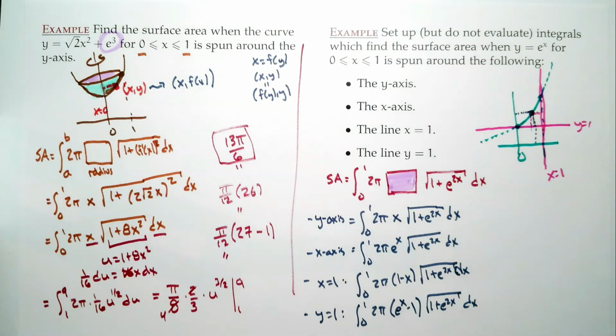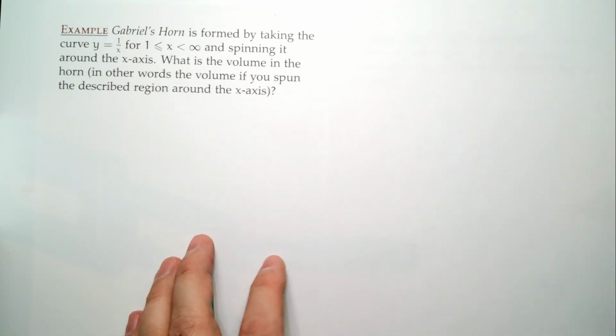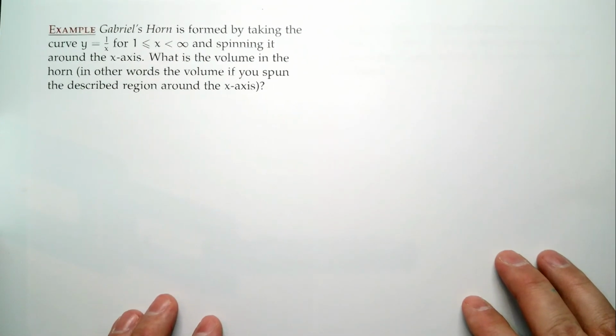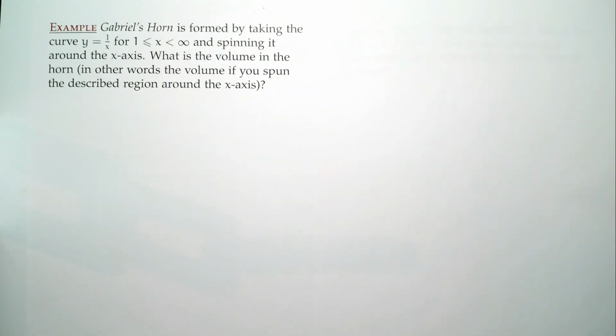All right, good. Now, our last fun thing for today. This is something called Gabriel's horn. Gabriel is a famous angel in some cultures, and he has a horn.